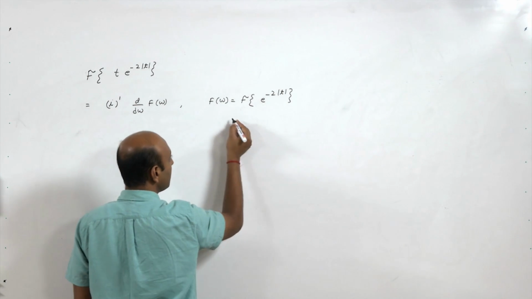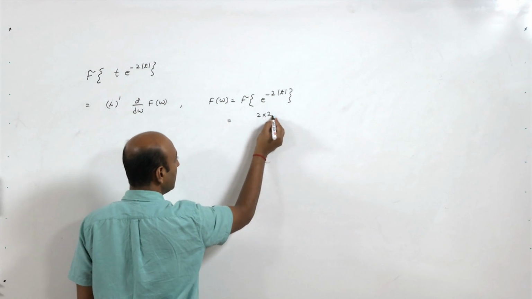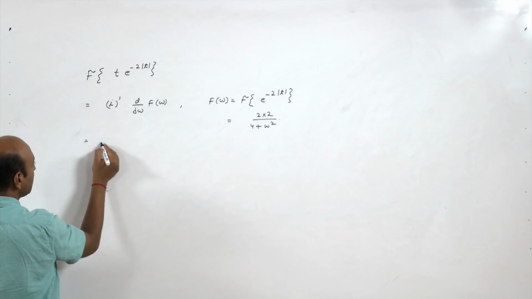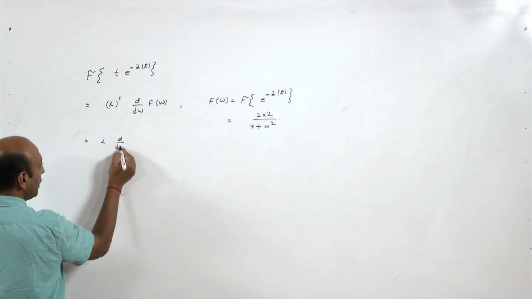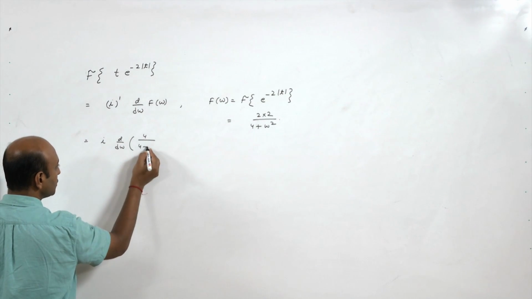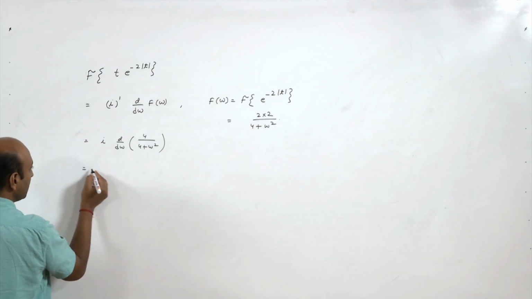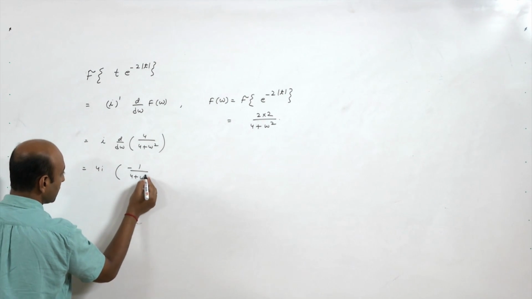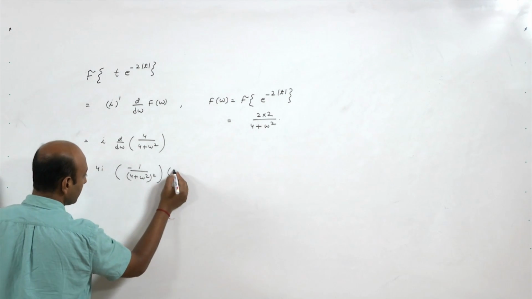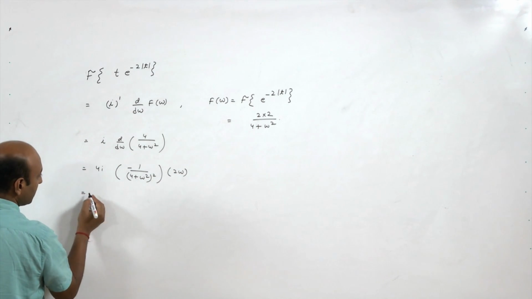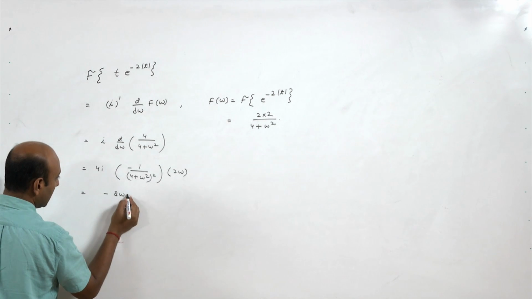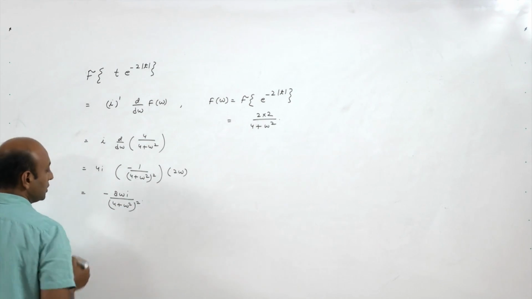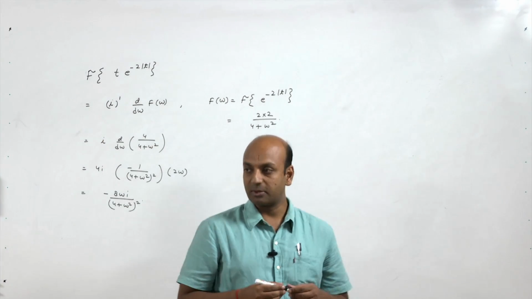And what is the Fourier transform of this? It is 4 upon 4 plus omega square. So, this will be nothing but iota d by d omega of 4 upon 4 plus omega square, which is nothing but 4 iota into minus 1 upon (4 plus omega square) whole square into 2 omega. So, that will be nothing but minus 8 omega iota upon (4 plus omega square) whole square. So, this will be the Fourier transform of this expression.